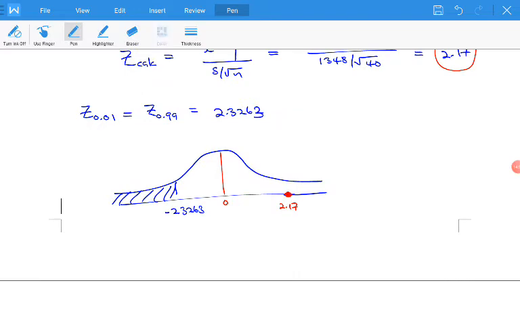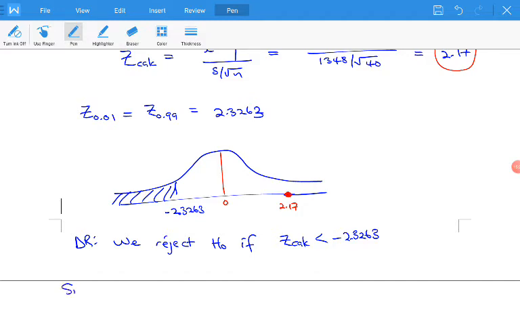So we then go on to put our decision rule. Our decision rule is that we reject H naught, the null hypothesis, if zcalc is less than negative 2.3263.